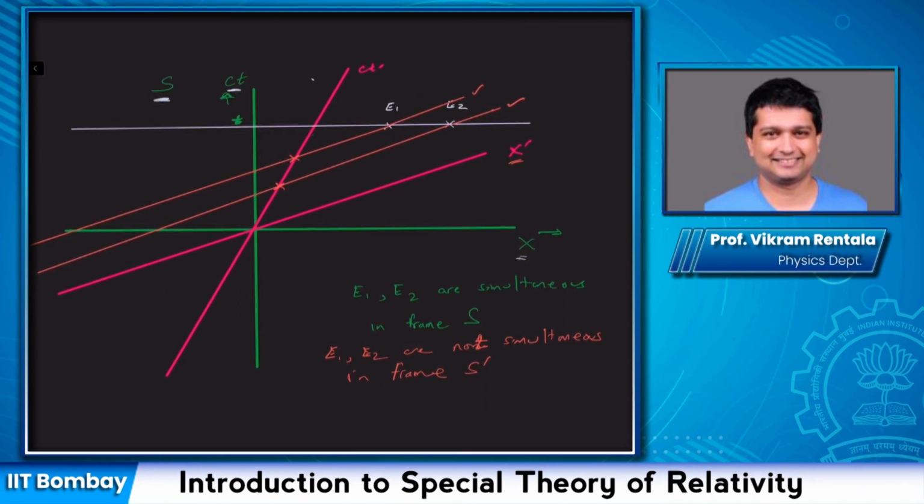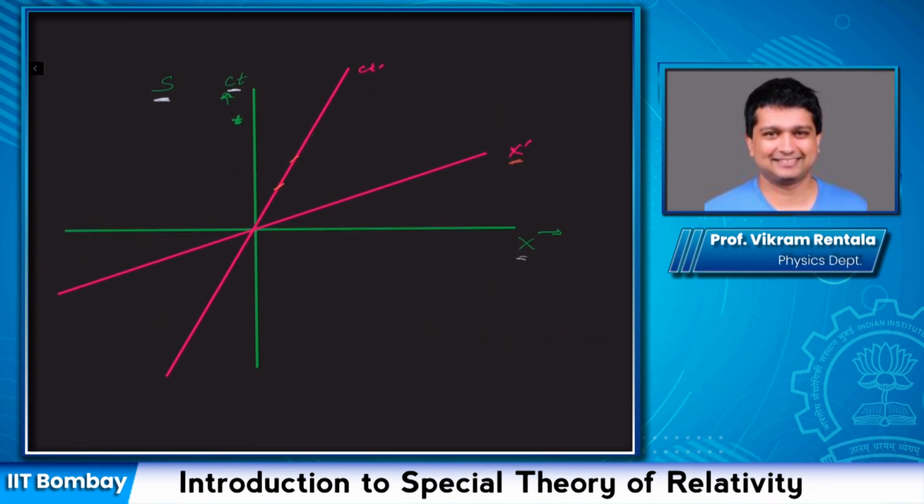How about two events now which are simultaneous in frame S prime? So let's try to identify those. Let me erase the previous grid lines. So let's take two points which have the same t prime coordinate. One way to easily do that is to draw a line which is parallel to the x prime axis. Let me just draw that line. And all points on this line have the same t prime coordinate.